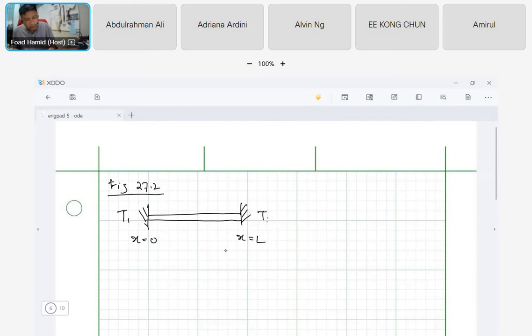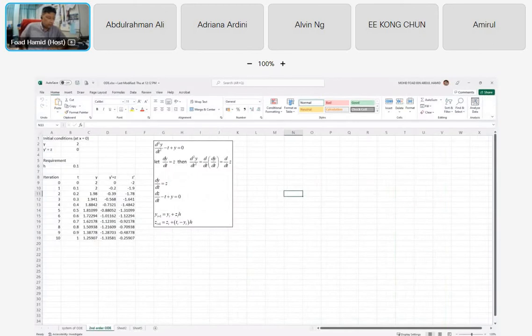So basically, the temperature at x equal to 0 is known. The temperature at x equal to L is known. So T at x equal to 0 is equal to T1, and T at x equal to L is equal to T2. So these are known values.